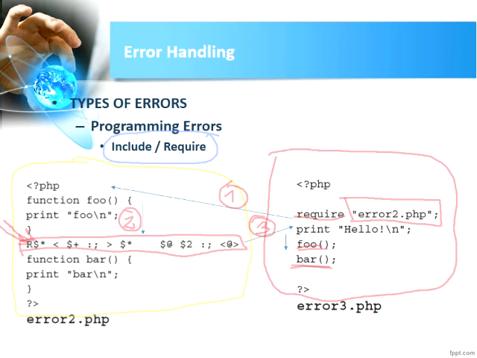So in our example, I will underline the instruction. The first one, in green, is this error. After that, the second, we will print hello.